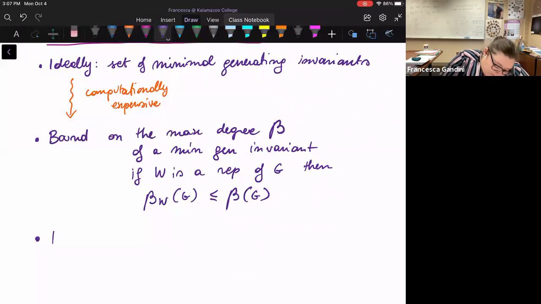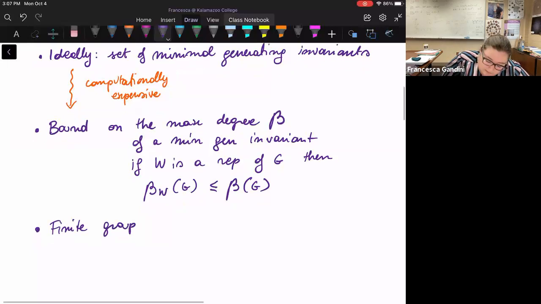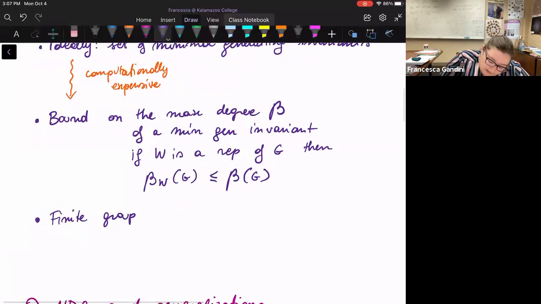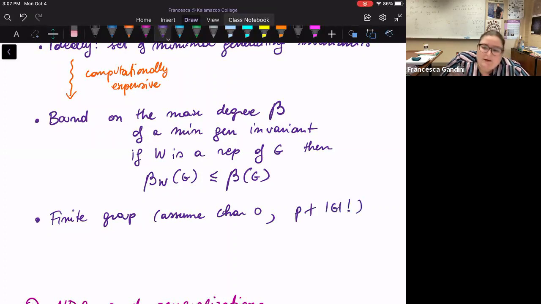So when you have a finite group, there is this beautiful result, and in the proof, I think she had to assume characteristic 0, but this is also true when you have a very large characteristic. So p does not divide the order of the group factorial. So a group has a combinatorial kind of element to it.